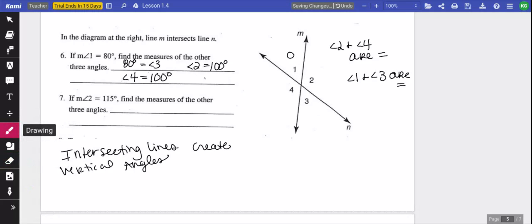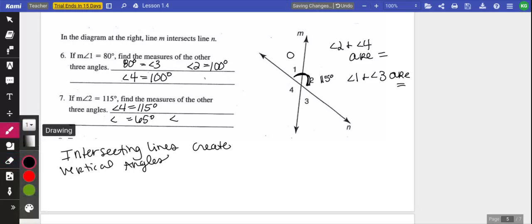If angle 2 equals 115 degrees, then angle 4 would also equal 115 degrees. Since angle 2 and angle 1 make 180, I would take 180 minus 115 and get 65 for angle 1. And that means angle 3 would also be 65 degrees.